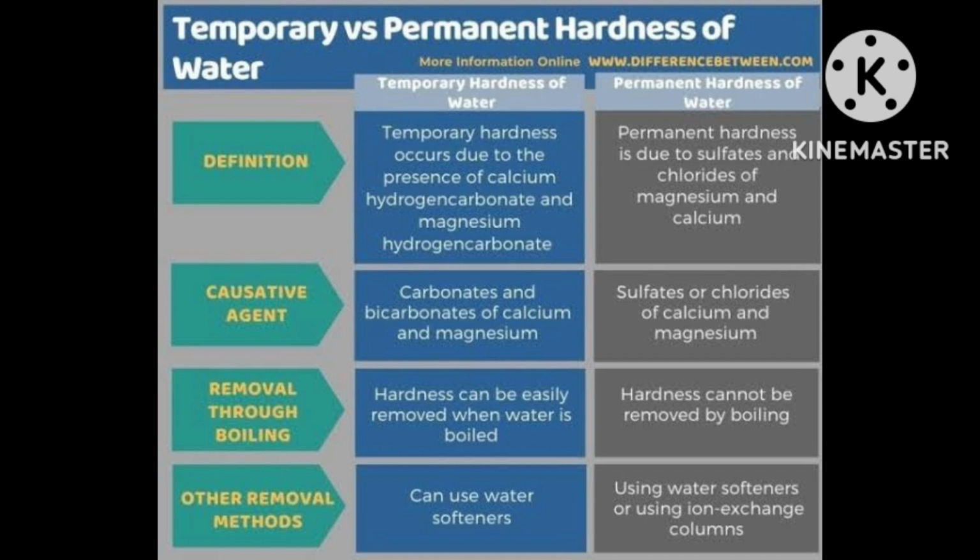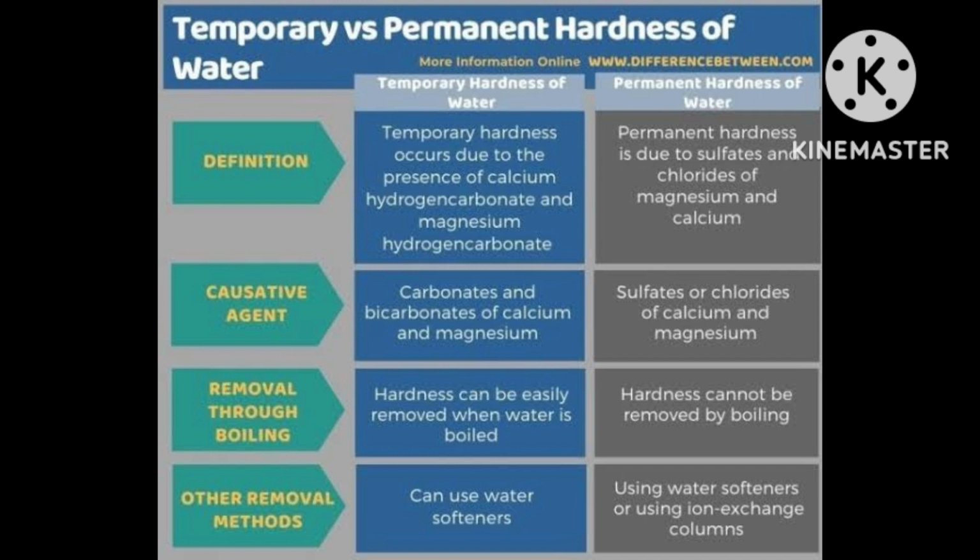It is pure water only. Being a good solvent, when it flows on the surface of the earth, it dissolves many salts. Presence of calcium and magnesium salts in the form of hydrogen carbonate, chloride and sulfate in water makes water hard.